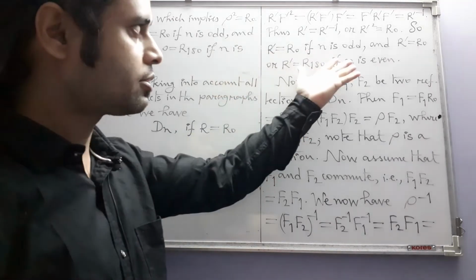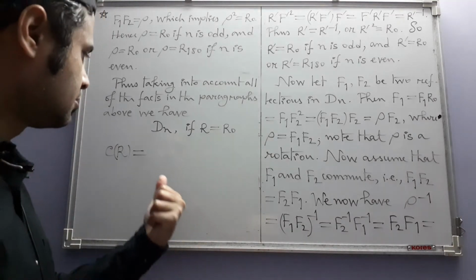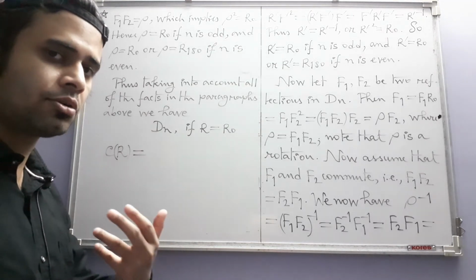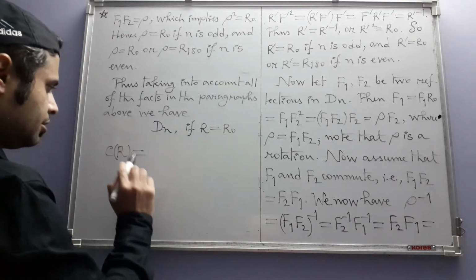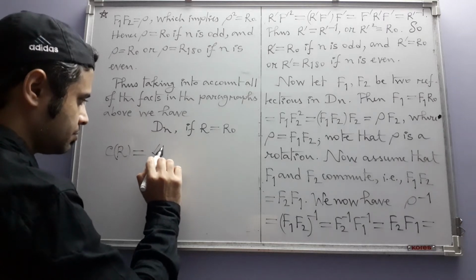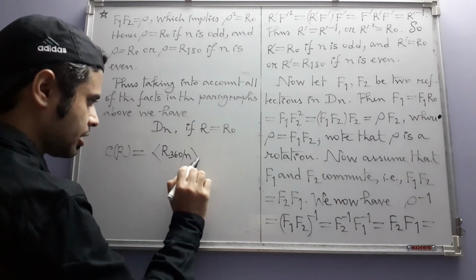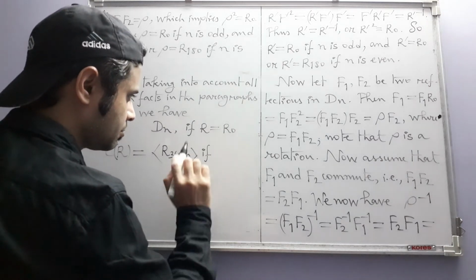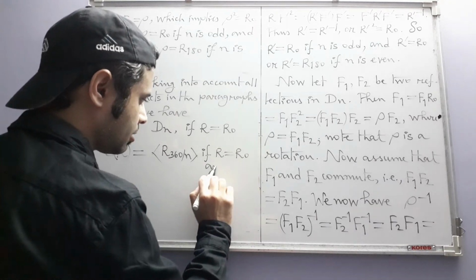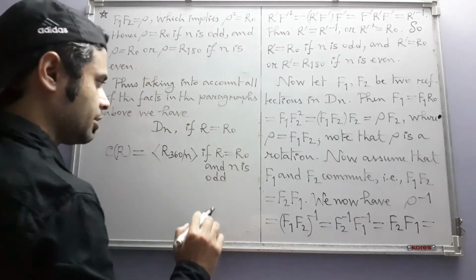So if this condition is not satisfied, then no reflection commutes with R. In other words, the centralizer of R consists of only the rotations. So in that case, the centralizer is the subgroup of all the rotations, this cyclic subgroup, if R is not equal to R naught and n is odd, so that is another condition.